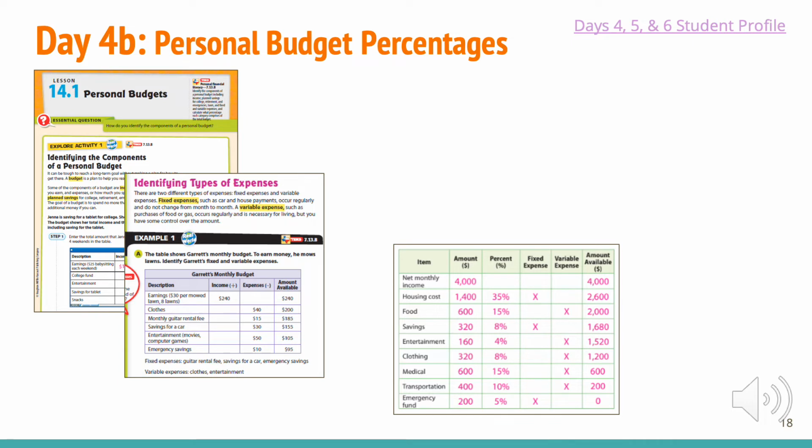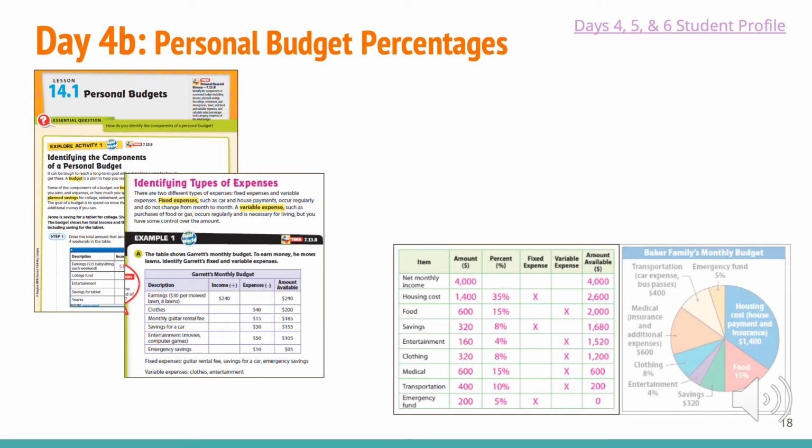And in a table, you can identify them simply with some check marks of fixed and variable expenses. But once you have your household expenses, the TEK to be completely taught has to be represented in a circle graph to show percentages. Well, this can also be done using a proportion bar.